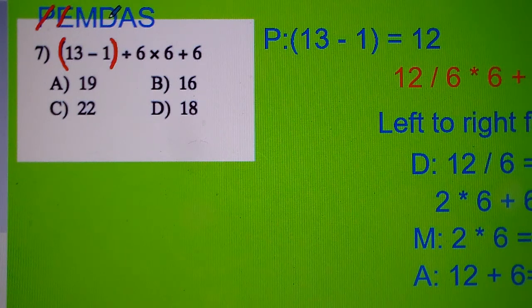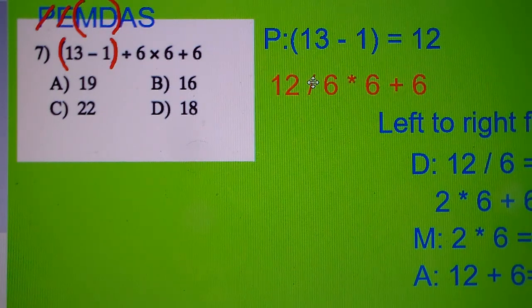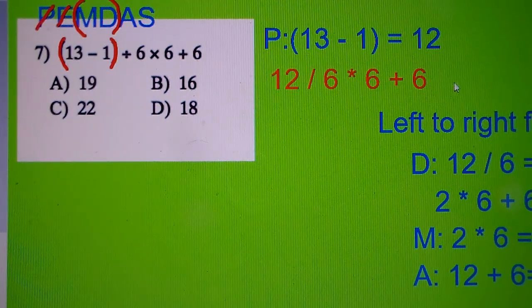Multiplication and division. This is where it gets tricky again. Multiplication and division is like addition and subtraction too. They're interchangeable. And since we only have multiplication and division left there, when they're back to back, we have to do the division first. So we have 12 divided by 6 times 6, then the plus 6.